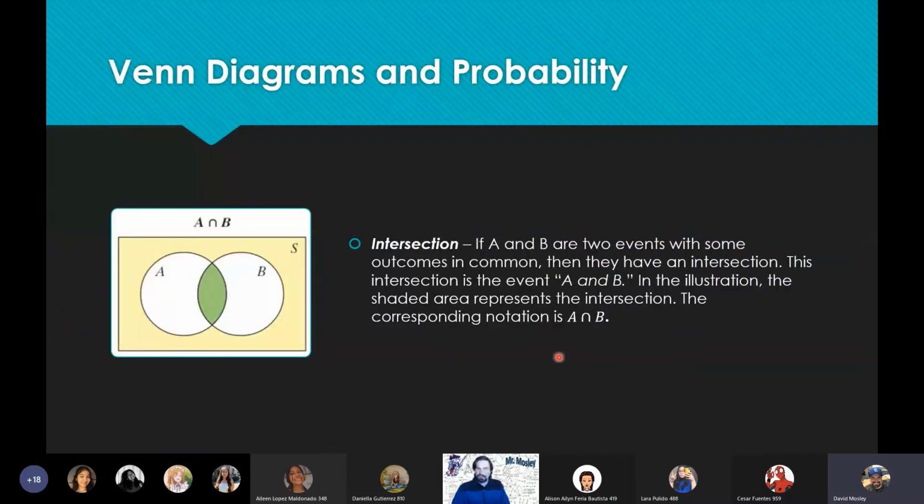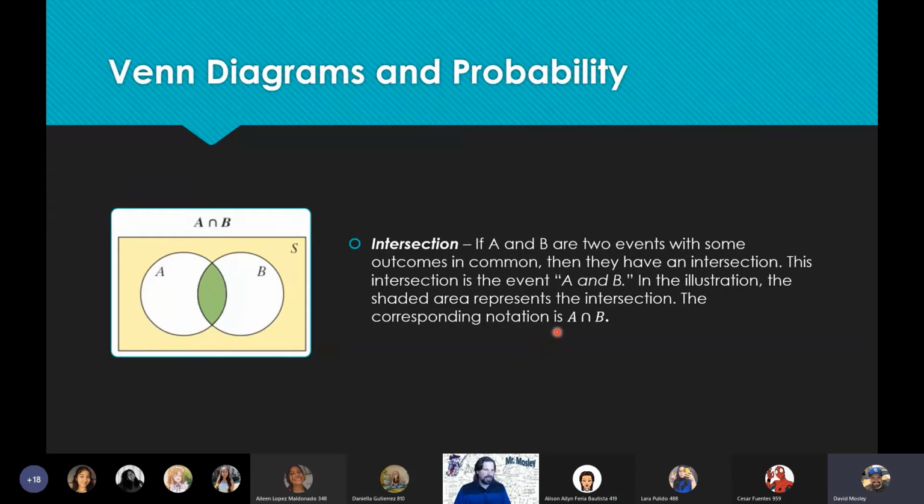A new term with some new notation is intersection. If A and B are two events with some outcomes in common, then they have an intersection. This intersection is the event A and B. In the illustration, the shaded area represents the intersection.